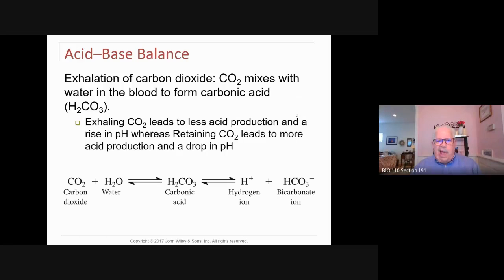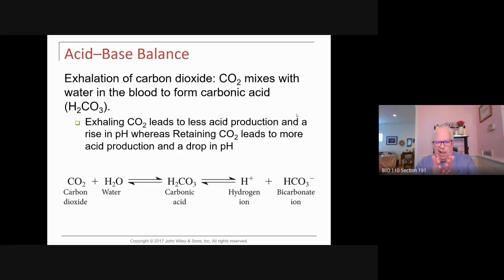When you exhale carbon dioxide, you are exhaling acid, and that acid is carbonic acid. Exhaling carbon dioxide leads to less acid production, making your pH rise. If you retain carbon dioxide, it leads to more acid production and your pH drops.